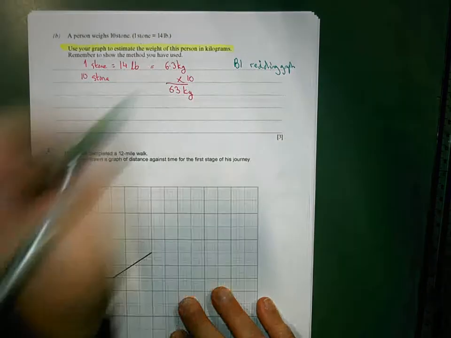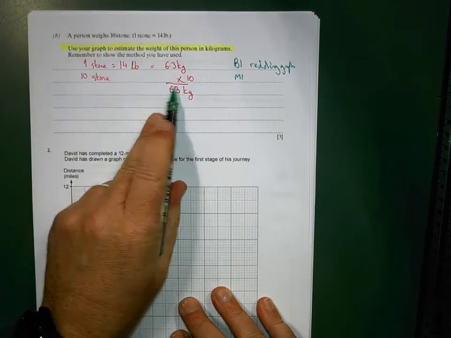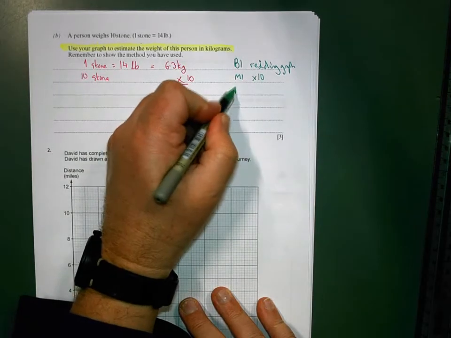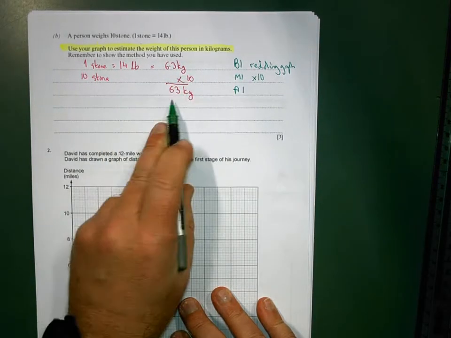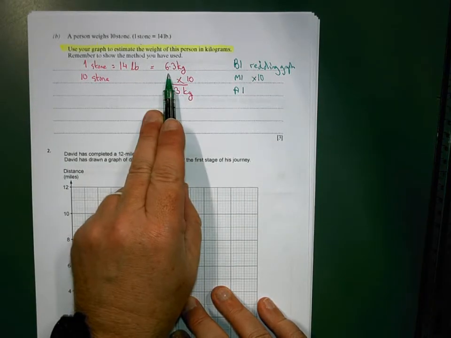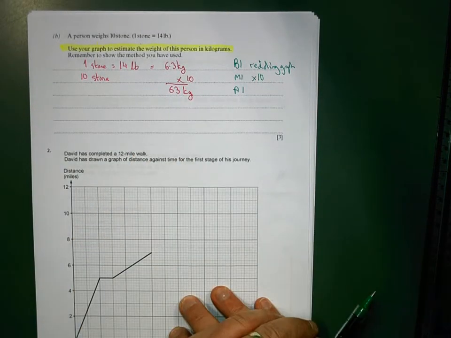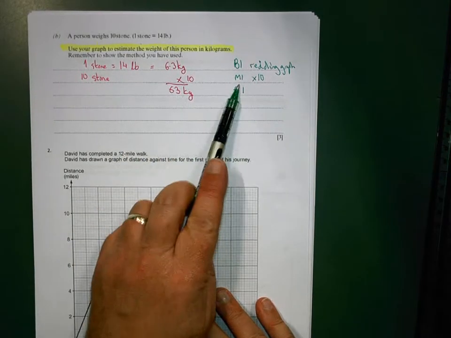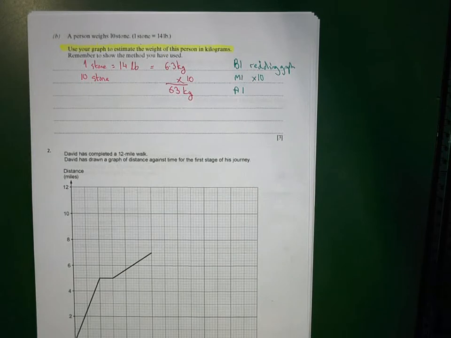Then there's a method mark for timesing by 10, and an answer mark for 63 kilograms, or for timesing whatever you've read by 10. So if you've misread the graph, you can still get 2 out of the 3 marks for timesing by 10.